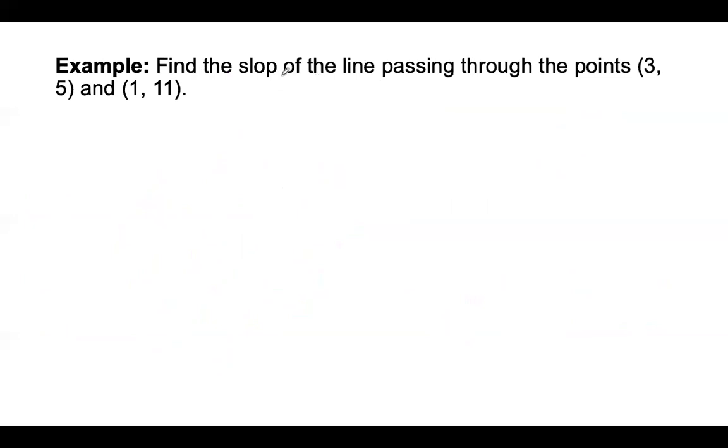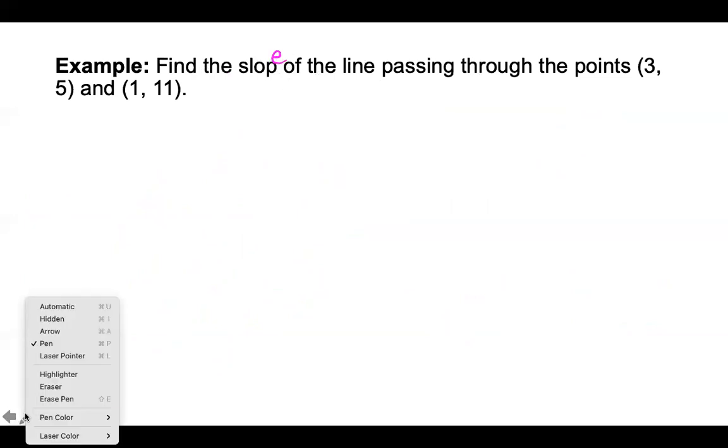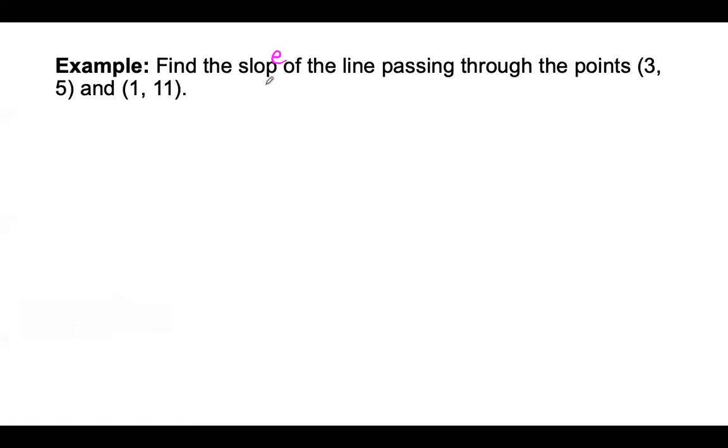So let's find the slope. There's a typo there. So find the slope of the line passing through the points (3, 5) and (1, 11).